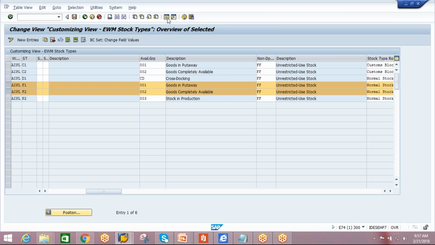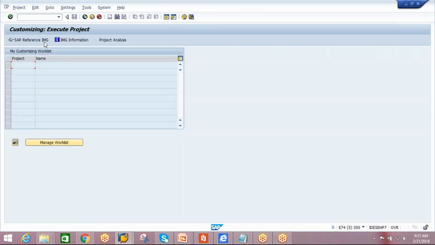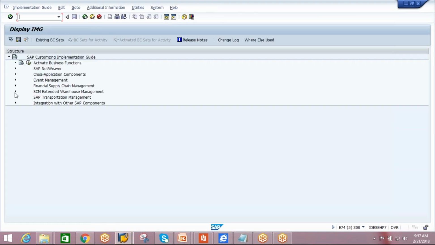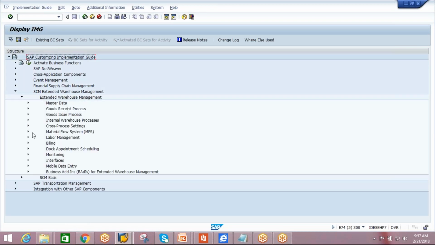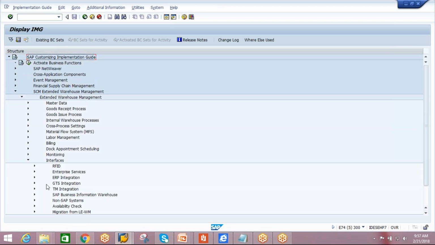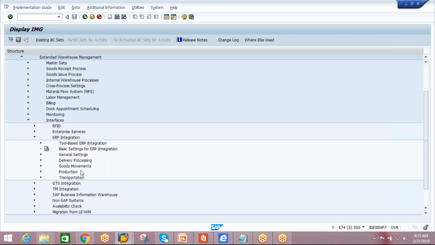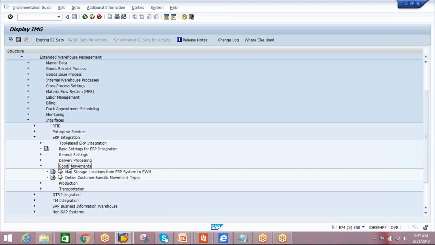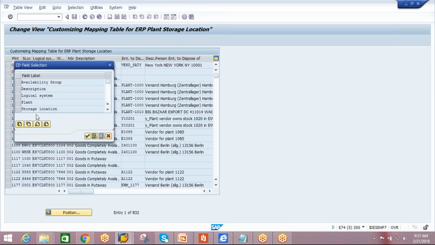Okay, go to some other configurations. SPRO, SEM, extended warehouse management, interfaces, ERP integration, goods movements, map storage locations from ERP system to EWM. Go to our plant.